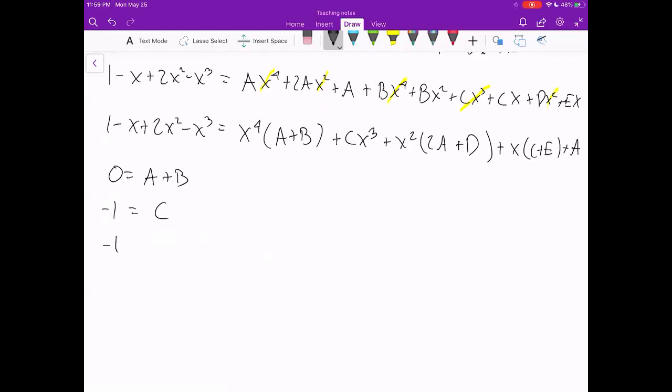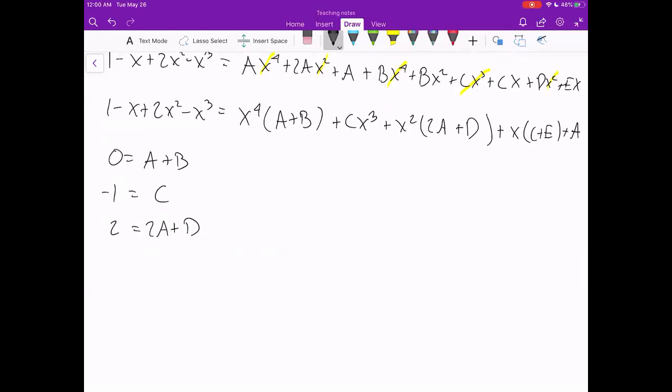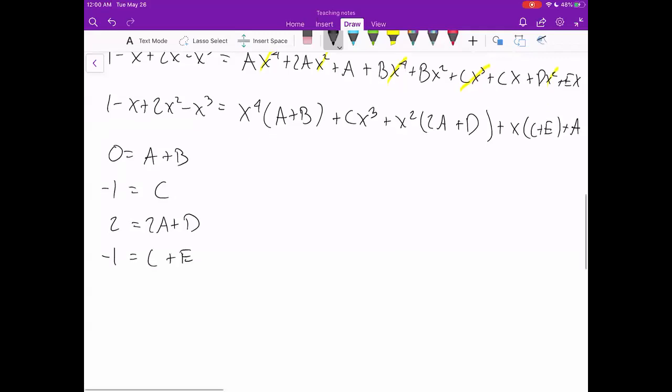Sorry, for x squared, it's 2. The coefficient on the left-hand side is 2. On the right-hand side, it's 2a plus d. The coefficient of x on the left-hand side is -1. On the right-hand side, it's c plus e. Constant term on the left-hand side is 1. Constant term on the right-hand side is a.